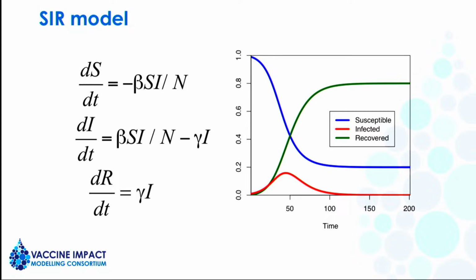So what might that look like? Well, if we start here with a high number of susceptibles and an infected individual, we get an epidemic. We get an initial increase in the number of infected as more susceptible people become infected. After a certain point, it's difficult for an infectious person to find a susceptible person to infect.